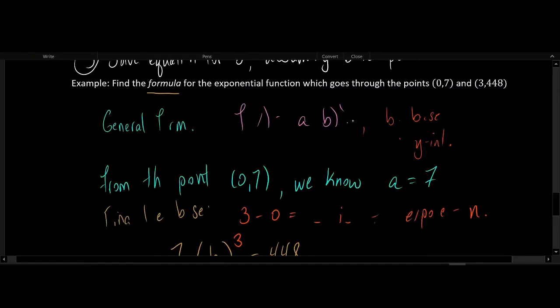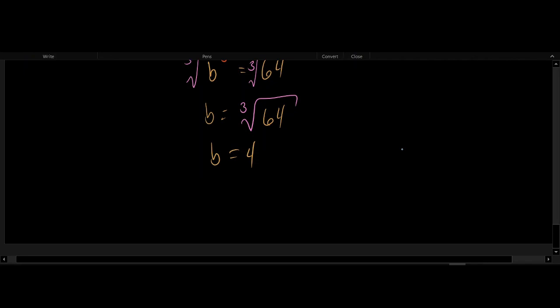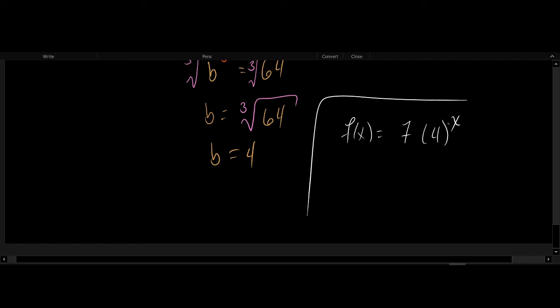We have identified the y-intercept. So we now know that a is 7 and b is 4. So let's finish the problem, and we have the formula. F of x is equal to a being 7, b being 4, raised to the power x. And this would be the final answer to the question, what is the formula?